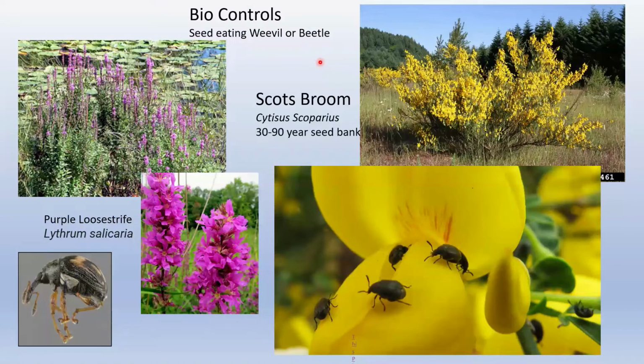Two more invasive plants that actually have semi-effective biocontrols are purple loosestrife right here. Purple loosestrife loves water. You find it in estuaries, the stagnant brackish water ponds. If you see a purple flowering plant around a pond, an estuary or water, 90% it will be purple loosestrife.